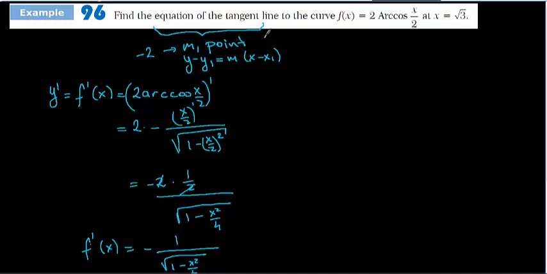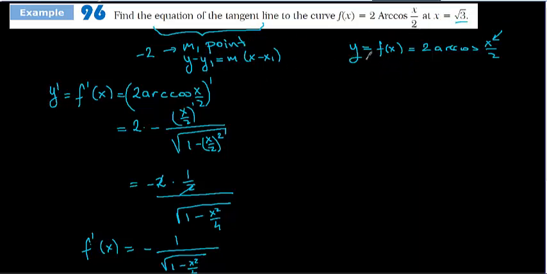I found this one. What about the point? As I repeat, at the beginning, y is equal to fx is equal to 2 times arc cosine x over 2. And I know the x value. If I know the x value, I can find the y value, because I need x1 and y1. If I replace the x1 here, I can find the y1.